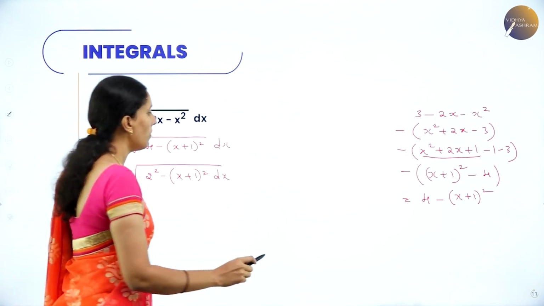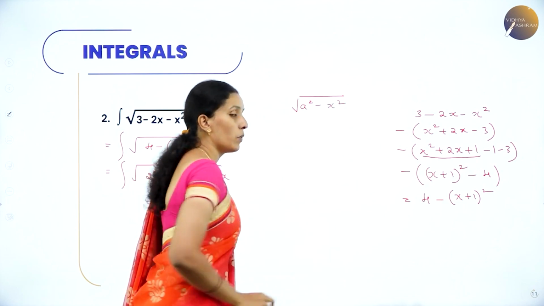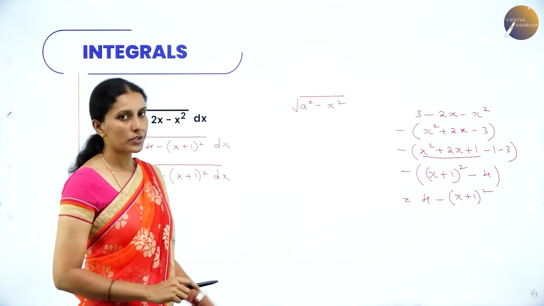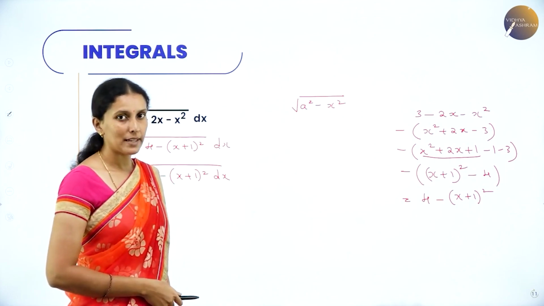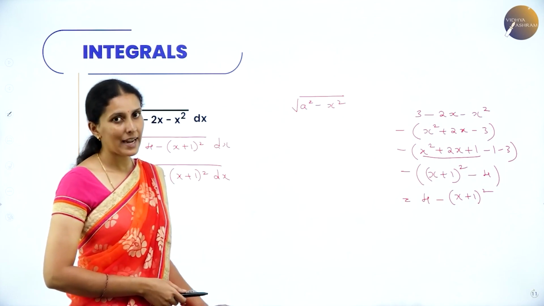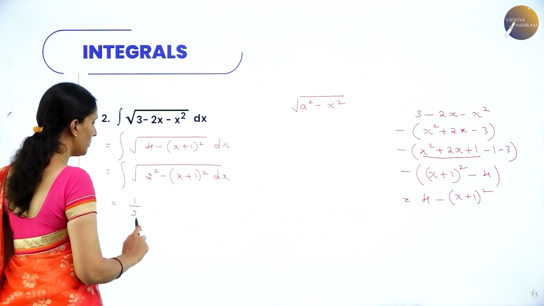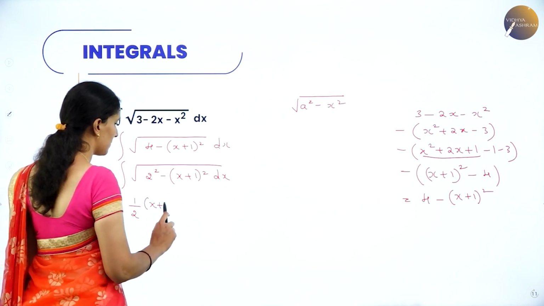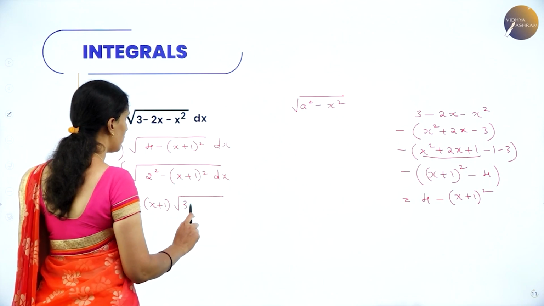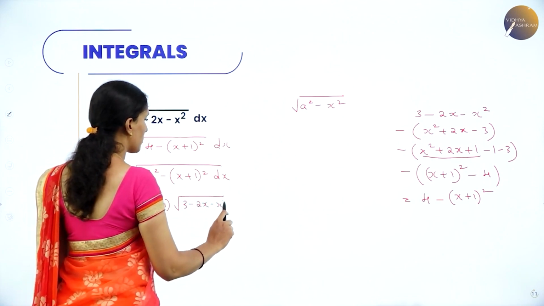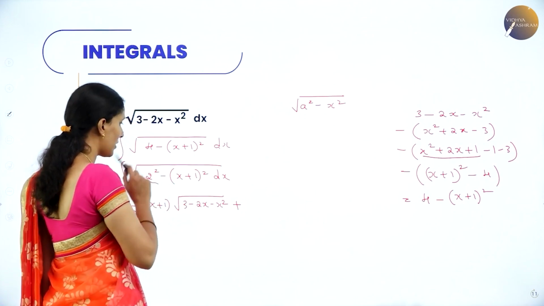Now, this is of the form root of a square minus x square. What is the standard form of root of a square minus x square? It is again x by 2 root of a square minus x square plus a square by 2 sine inverse x by a plus c. So, therefore, here half into x under the square root, x square plus a square is nothing but 3 minus 2x minus x square, plus a square by 2. Here a square is nothing but 4.